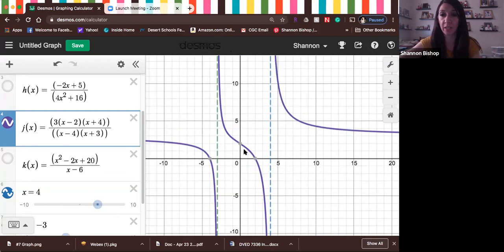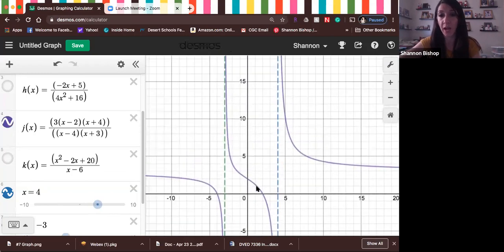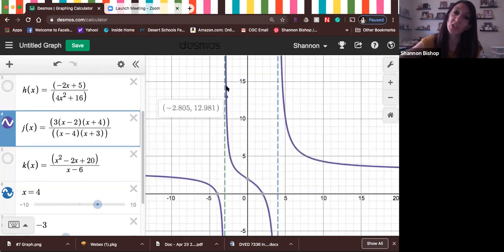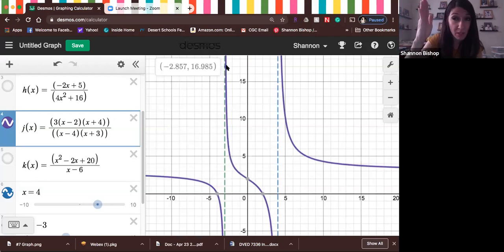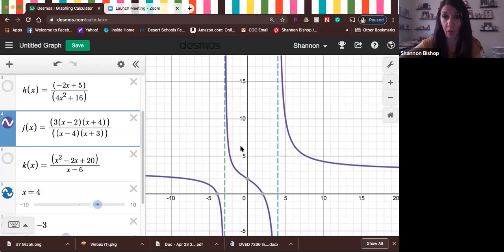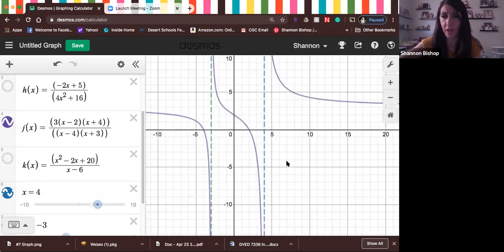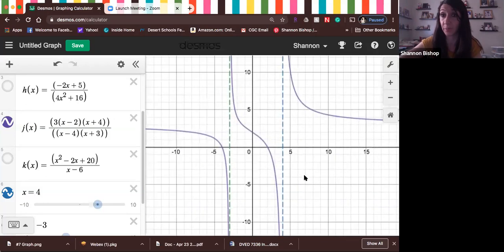So by drawing the dotted lines, it also helps guide your pencil to just know that you're going to get really, really close to that barrier, but you're not going to touch the barrier because it simply approaches that number. So that's part of why we draw the dotted lines in there, okay?